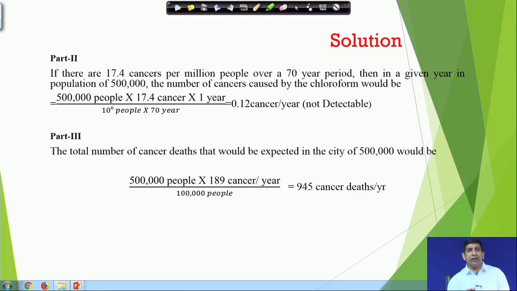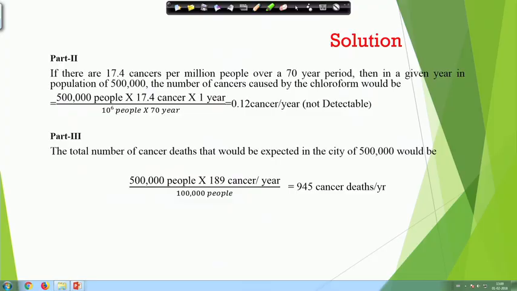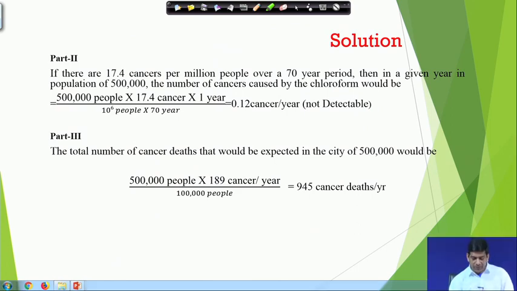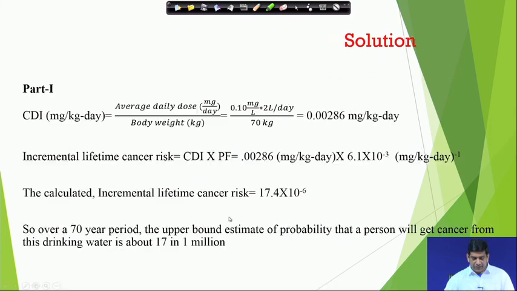So, will disinfection create cancer? Probably not, because of the calculation that we just saw. Now, in terms of the total number of cancer deaths expected in the city of 500,000, let us look at that problem just to see the data.